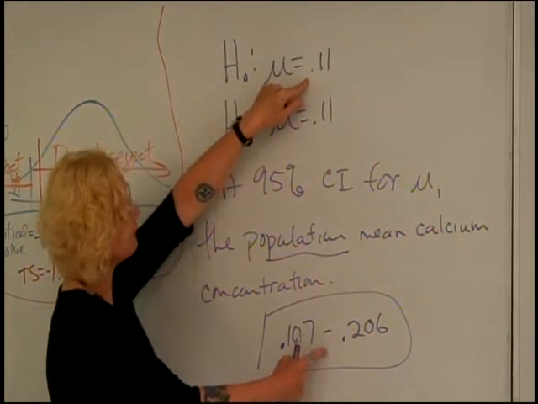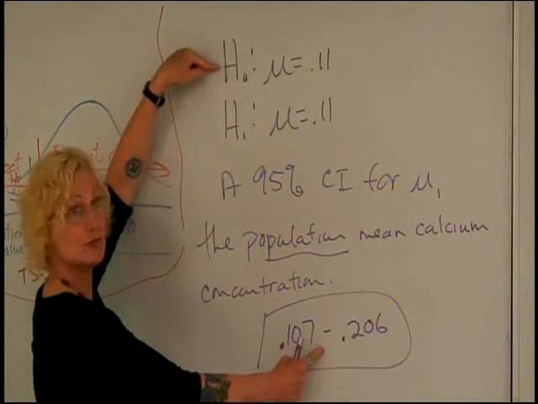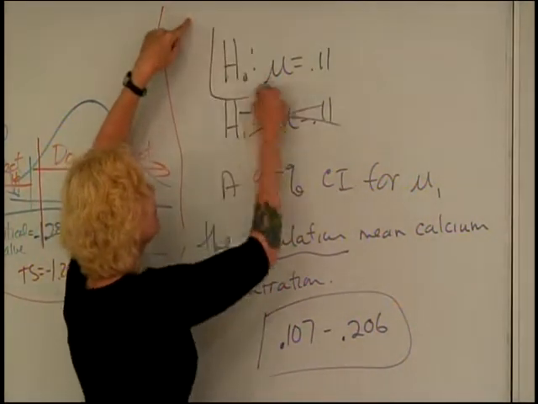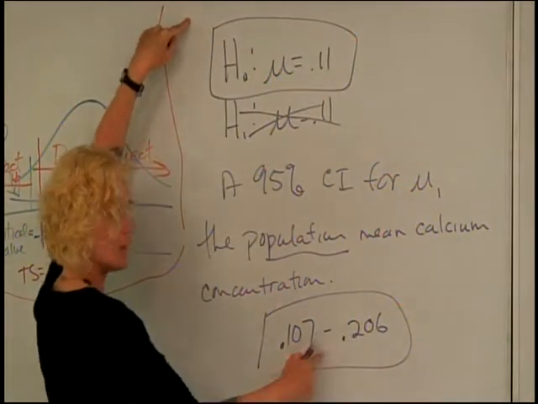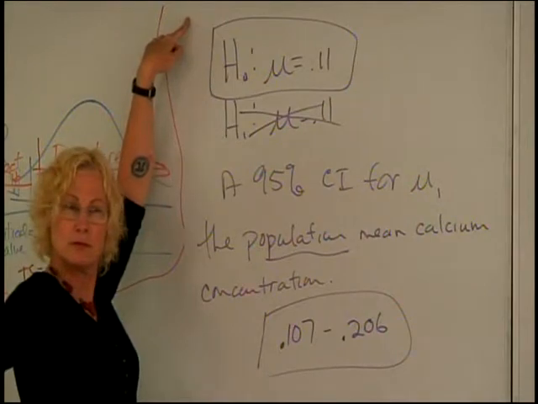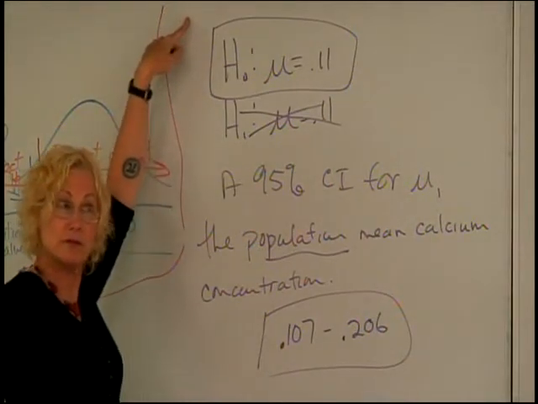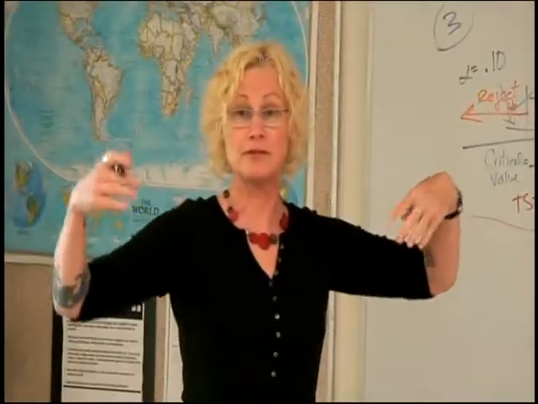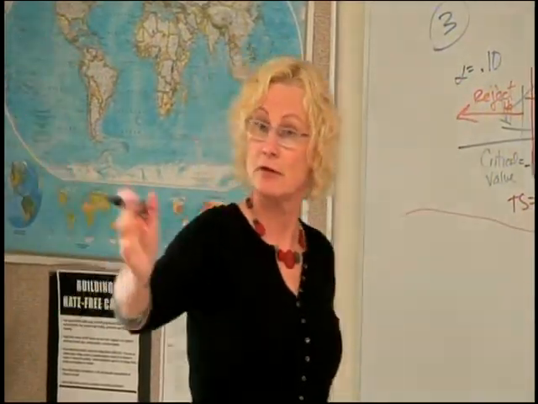So based on your confidence interval, are you going to reject H0? No, because 0.11 is in that interval. Does that make sense? So that's the third way to look at a hypothesis test. See, you already got it.